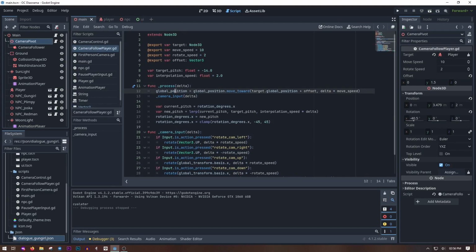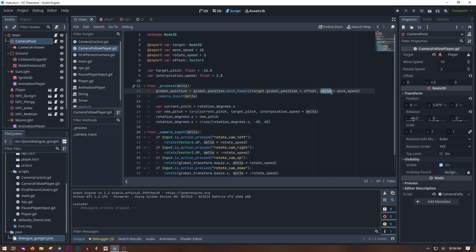So the global position of the camera becomes the global position that moves towards the target's global position with an offset that we explain here. If we want to make it move towards the player, but not right up into their face, that's the offset.